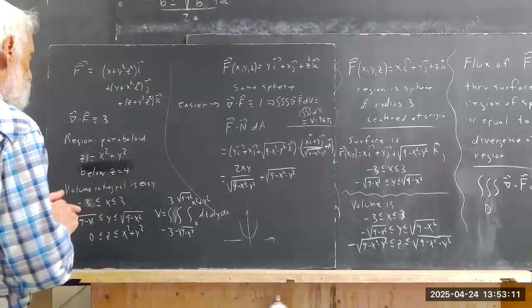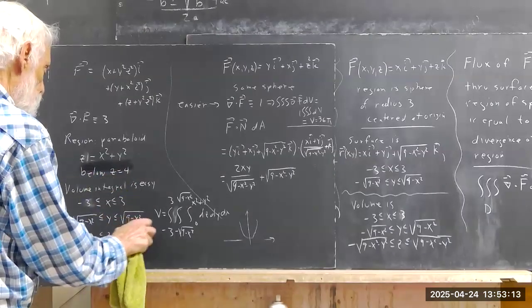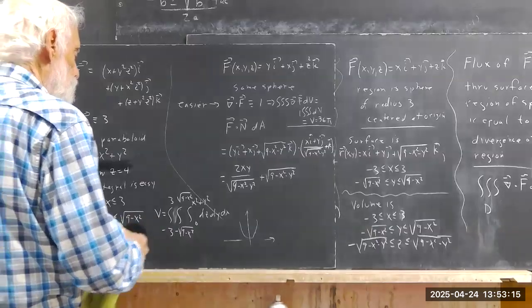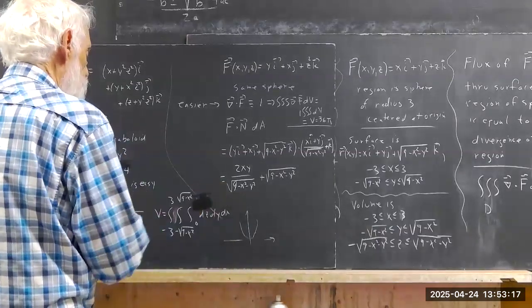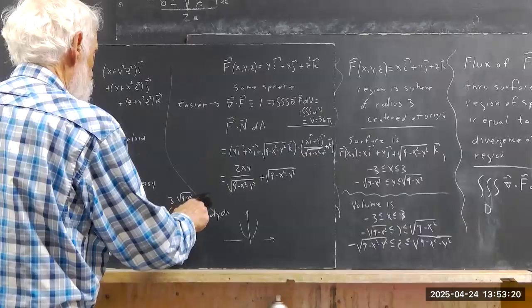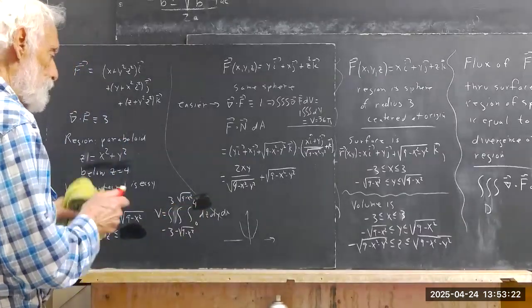It's below z equals 4, so I don't know what I was thinking there. But z goes 0 to 4. Okay.